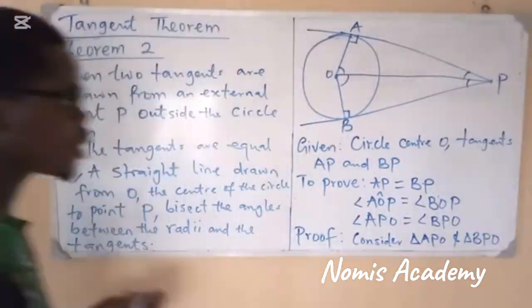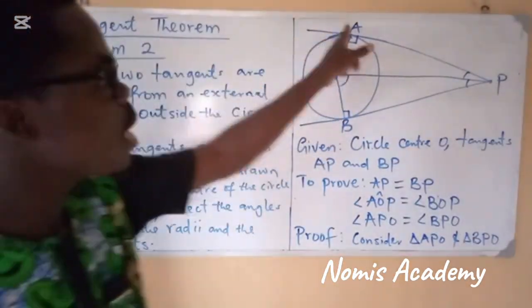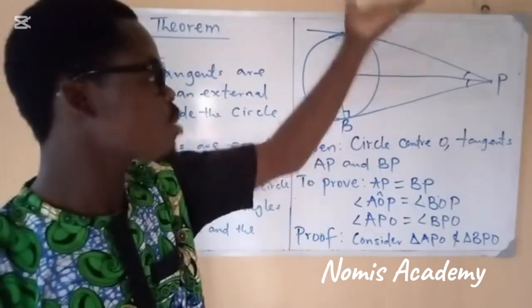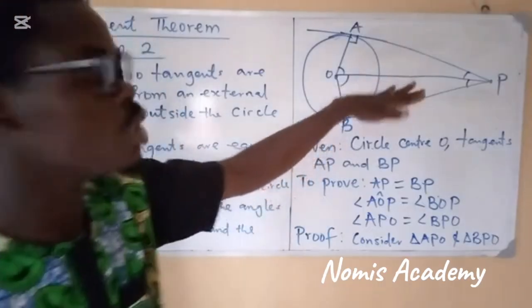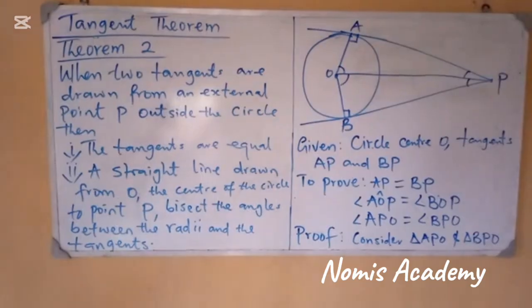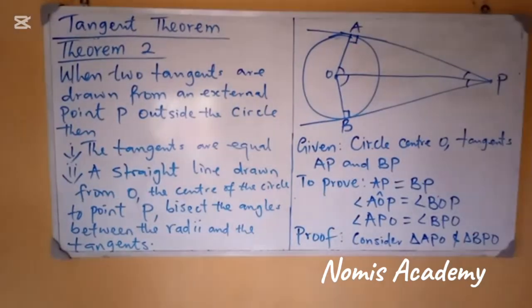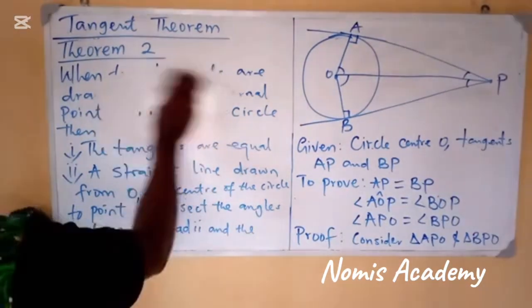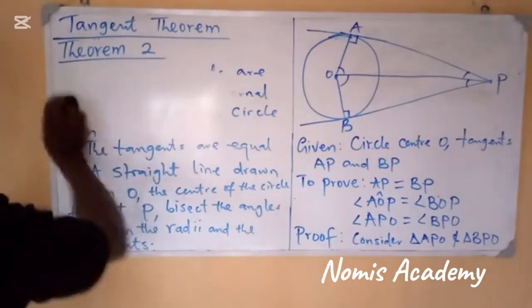So we are going to consider these two triangles together, APO, this first triangle, and then the other triangle, BPO. Okay, let's proceed. So let's clean the other side of the board so that we continue with the proof.